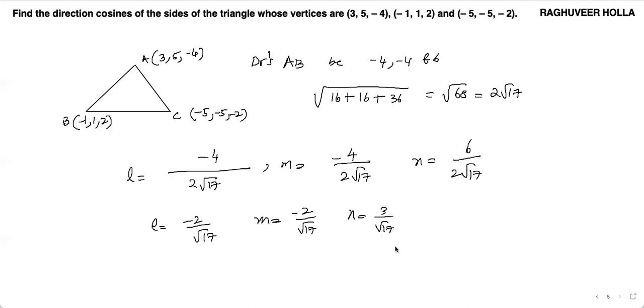So therefore these are the direction cosines of AB.